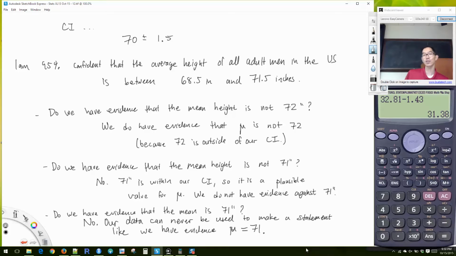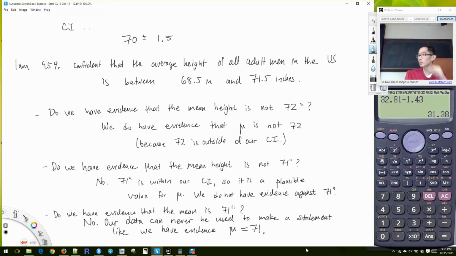We have evidence that it's not 68. We have evidence that it's not these numbers. Numbers within our confidence interval, we just have to say it's plausible. I can't reject that number, but we can't say for sure it's that number.